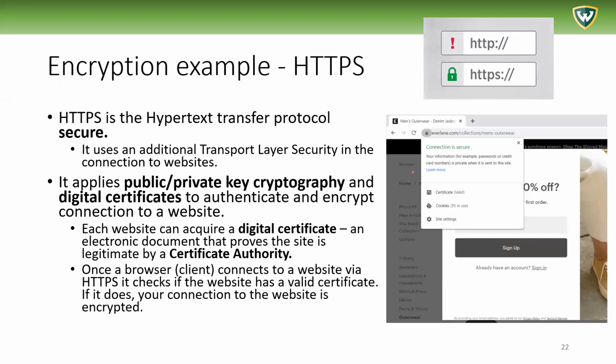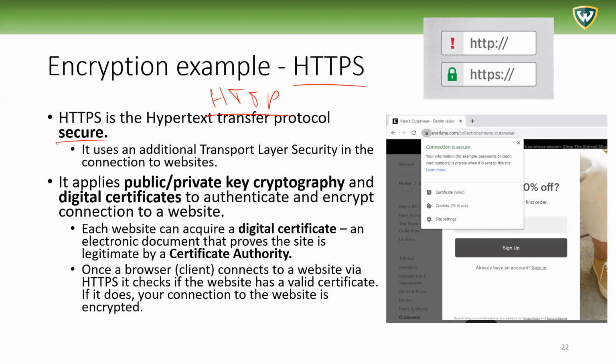An example of this is the use of HTTPS, which you may have seen in your browser in the address of web pages, the URLs. HTTPS is the Hypertext Transfer Protocol, HTTP, the standard web protocol, but this one is more secure.